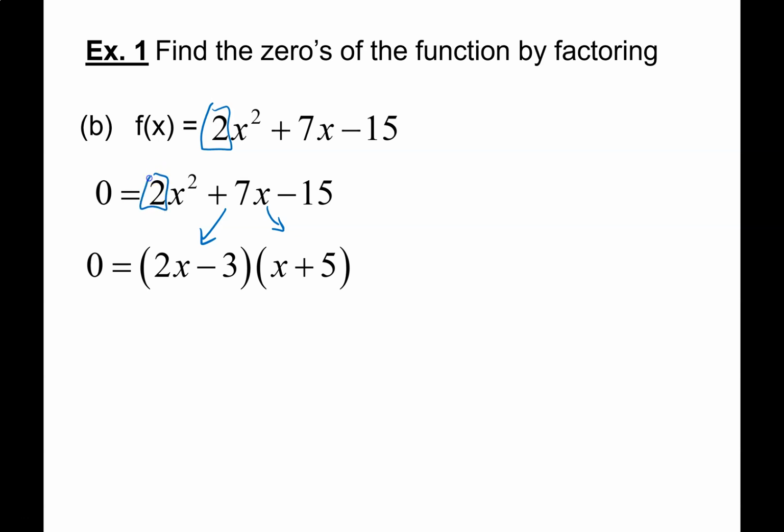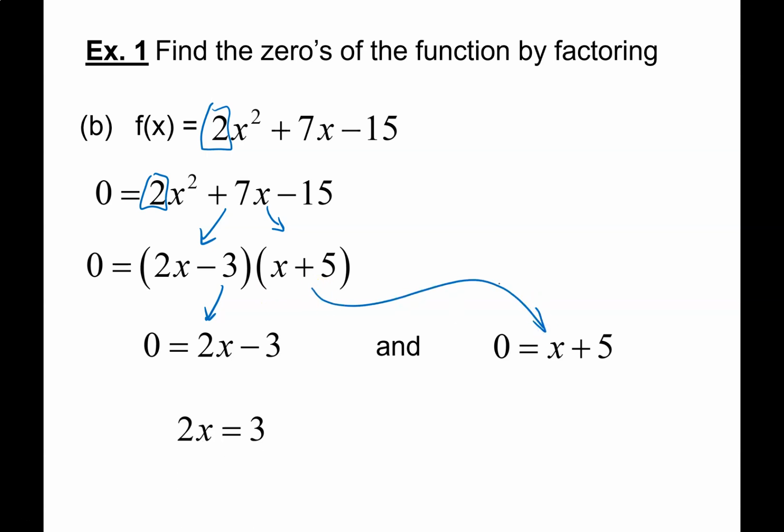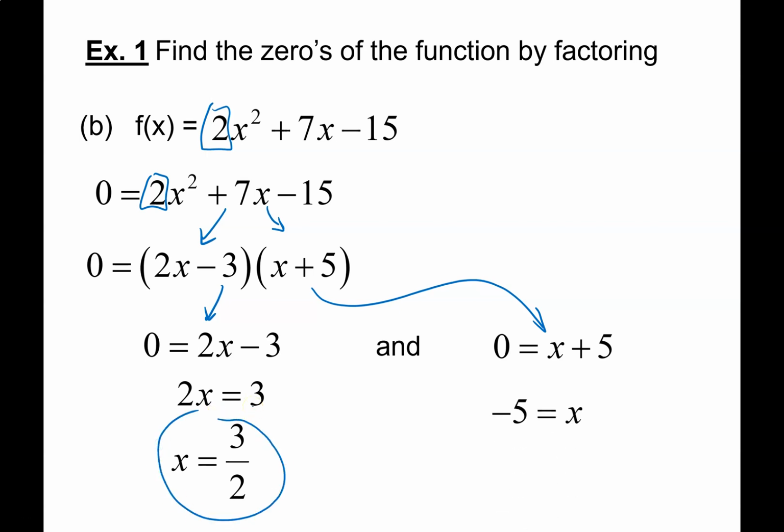And again, if this method is giving you trouble, I'll go through a different one of these and show you how I got these factors later on. But once you get it to that step, take each factor, make that equal to 0, make that equal to 0, add the 3, divide by 2, I get an answer of 3/2 and -5.